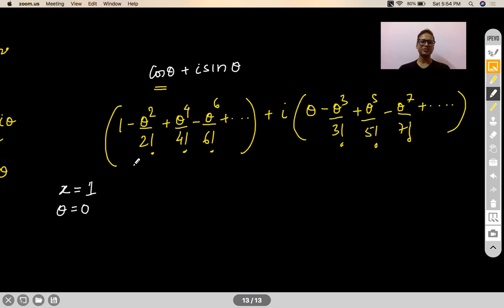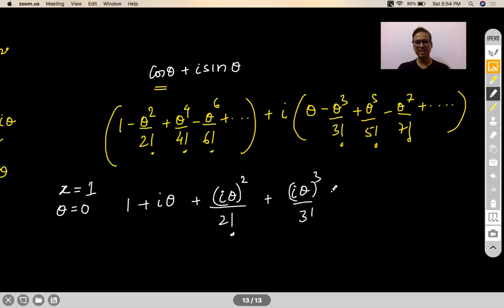Okay. So if you see his terms, it is actually 1 plus i theta. Next term is minus theta square by 2 factorial, which he said can be written like this also. Correct. Next term is minus i theta cube by 3, which is actually plus i theta cube by 3 factorial, and so on. So later Taylor and Maclaurin realized that this is actually the expansion of e to the power i theta.